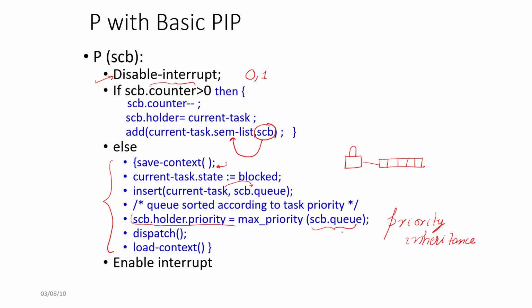We find the priority of the task which has the highest priority, and that is set as the priority of the lock holder, the resource holder. And then, of course, we call the scheduler. The scheduler selects which task needs to be executed next, and we load the context.